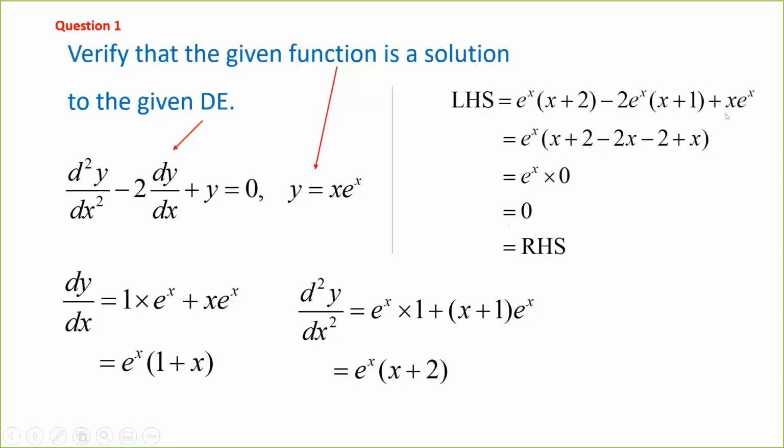Now we take e to x as a common factor, and clearly we have x and x, so x minus 2x is 0, 2 minus 2 is 0. So we can show that the expression actually is equal to 0, which is the right-hand side given in the equation. Therefore, it has been verified. This function indeed is a solution to the given differential equation. So that is the type of question you would have got in exam 1.